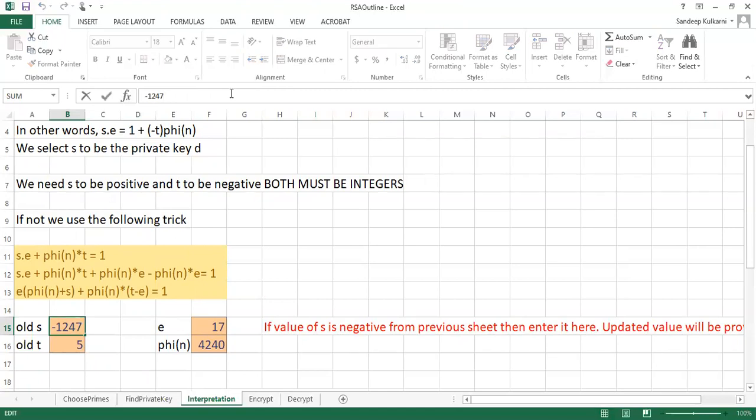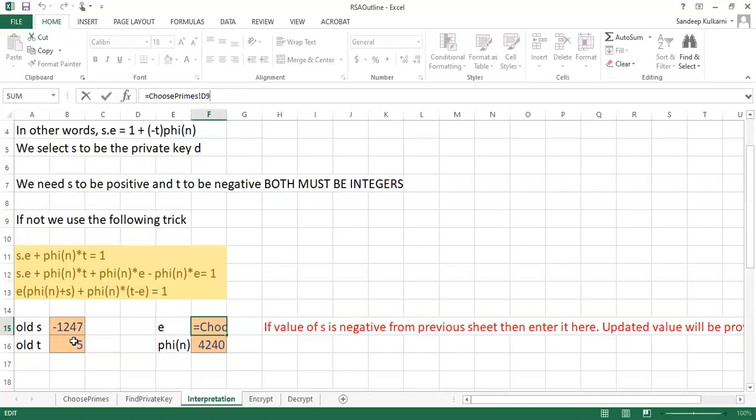Now, this is one of the places in the spreadsheet where you need to enter the data by hand. The spreadsheet isn't coded to do this automatically. You will have to enter the old value of S. So you can see that I have entered it, -1247. The value of E would be automatically gotten from the spreadsheet.